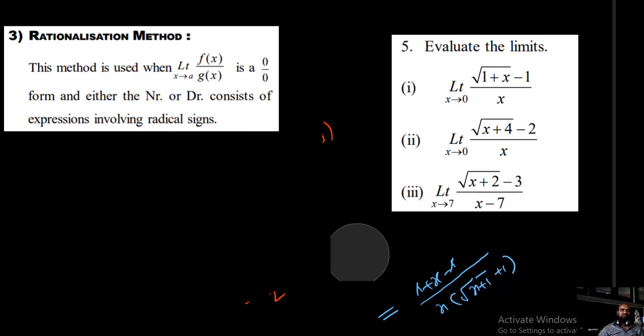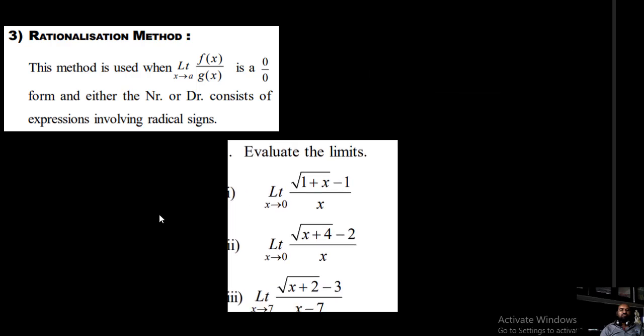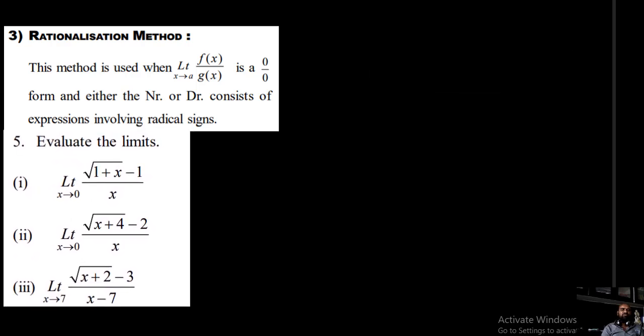Okay students, here one more problem. What I explained is the first problem. The second problem: limiting value of root over x plus 4 minus 2 by x, where x is tending to 0.